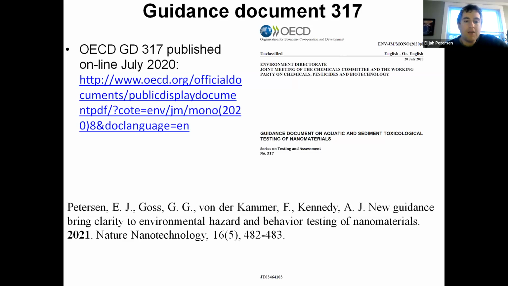I also published a paper myself with some of my co-authors, in addition to Frank Vanderkammer, who had worked on some similar efforts for environmental fate testing, such as the dispersion stability. So that was published in Nature Nanotechnology 2 years ago. And so now we get into some of the nuances of what these cover, what it didn't cover, and so forth.